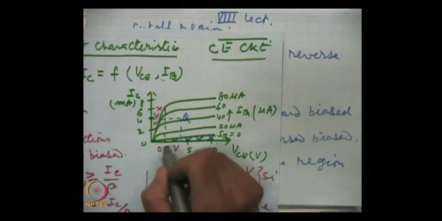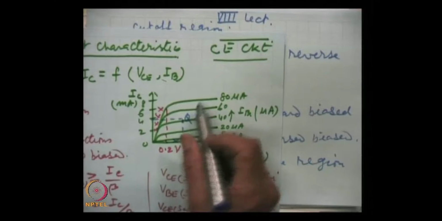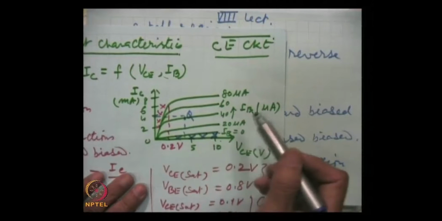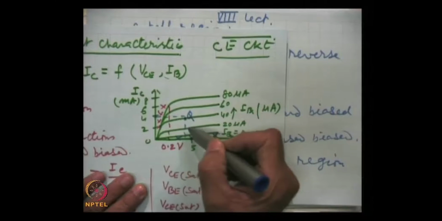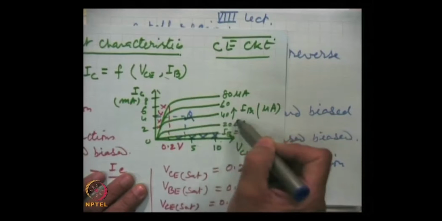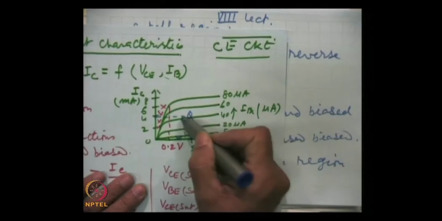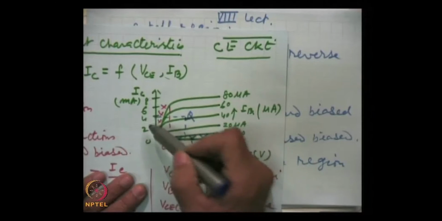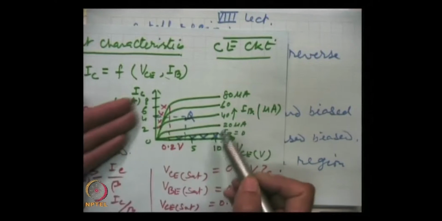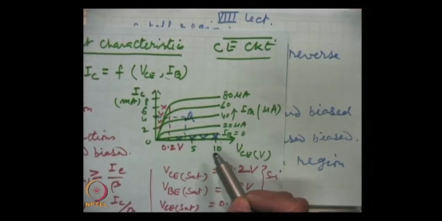We will talk in detail about choosing the operating point in the next section. So, when we have chosen the input current, for example in this case equal to 40 microampere, the corresponding output current will be roughly 4 milliampere for this particular transistor for which these characteristics have been drawn.